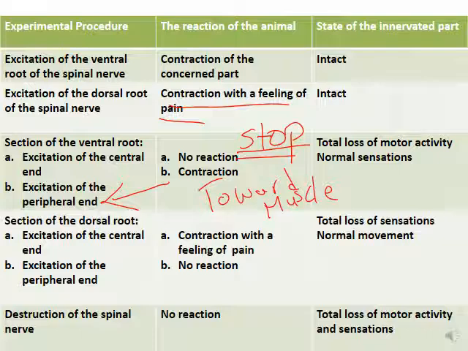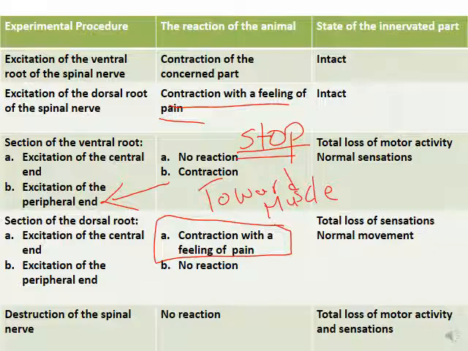Let's move to the sectioning of the dorsal root. We did the sectioning of the dorsal root and we did excitation of the central end. What happened? We have contraction with a feeling of pain. So this indicates that the message propagated toward the spinal cord, then to the brain, then to the muscle.